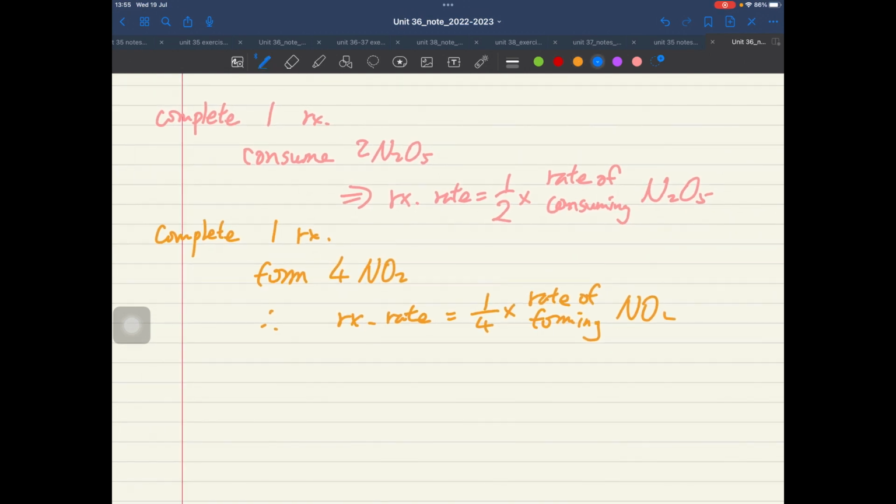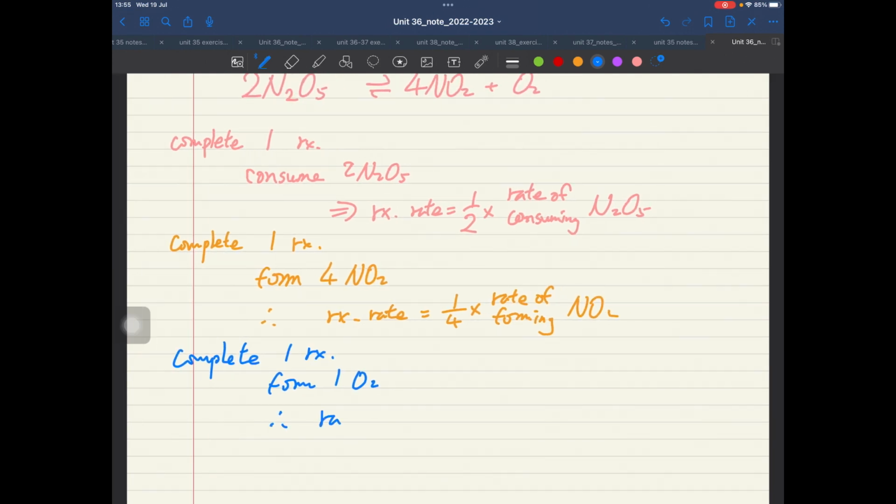And finally, I'm sure you can get it, right? Yes, so the reaction rate is like this. And this is a bit difficult for students to handle. Why suddenly is there a new reaction rate here? And I hope all of you can get it.